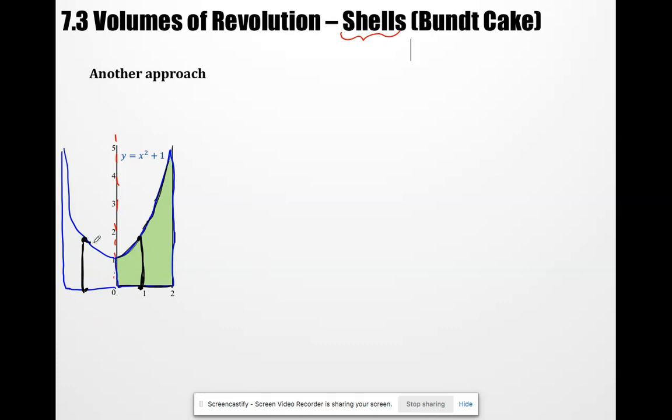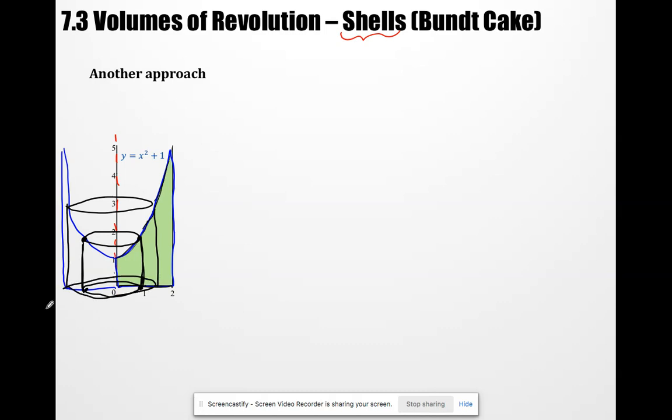But when I spin this, I get this really thin cylinder. And when I do that again here, I get a bigger cylinder.